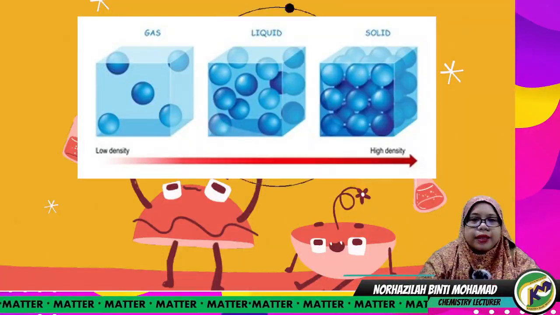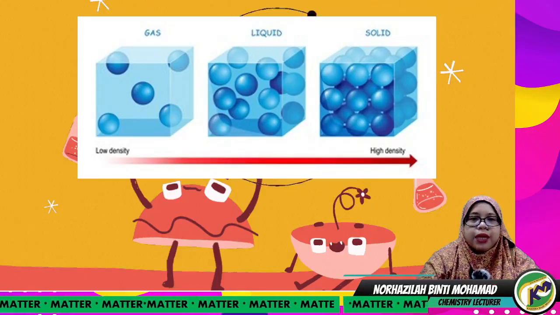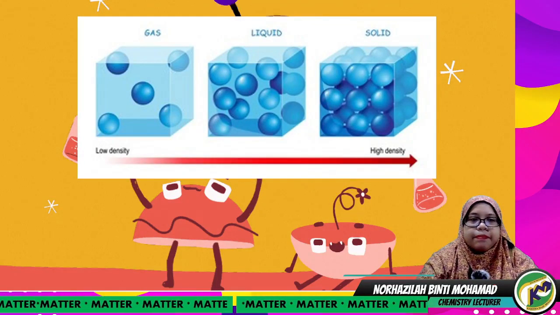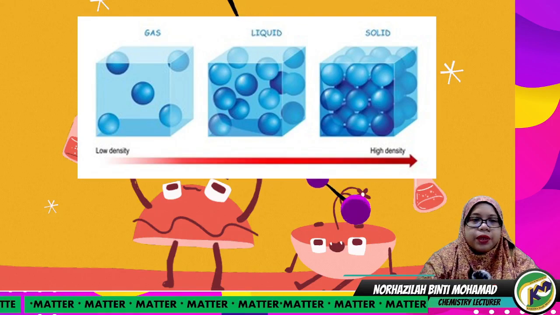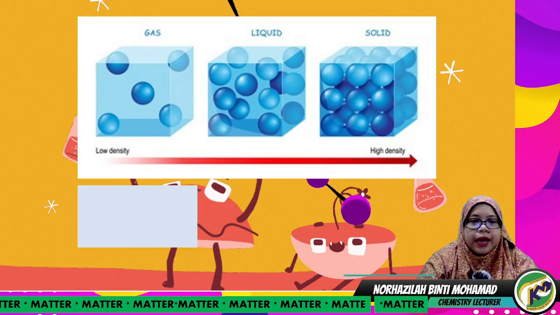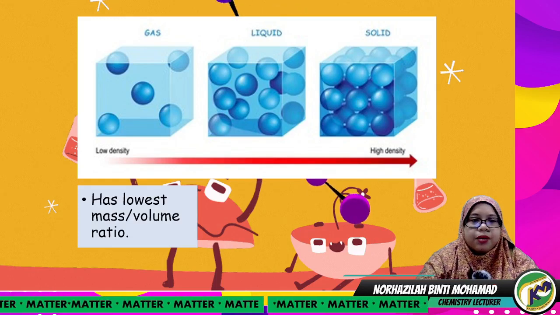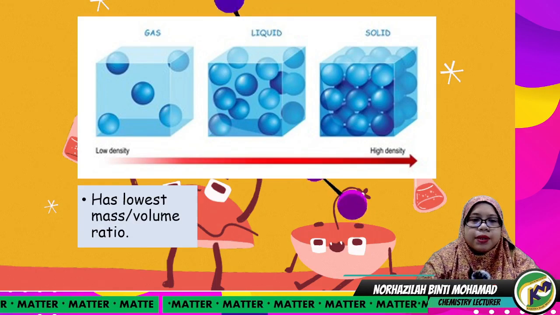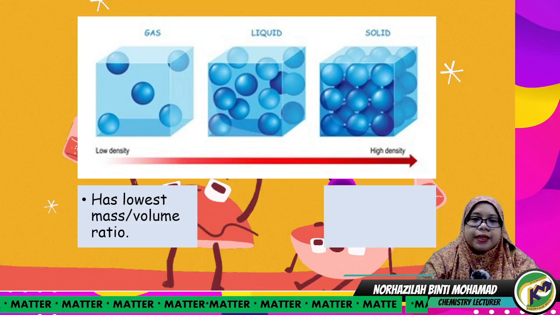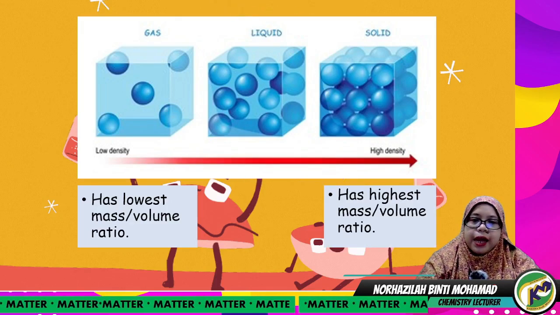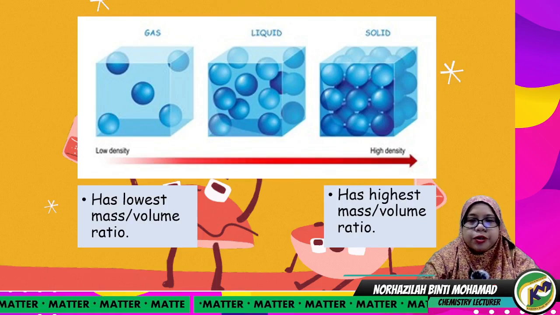So as a conclusion, gas has the lowest density because it has the lowest mass over volume ratio, and solid has the highest density because it has the highest mass over volume ratio.